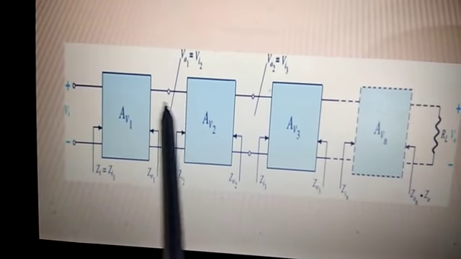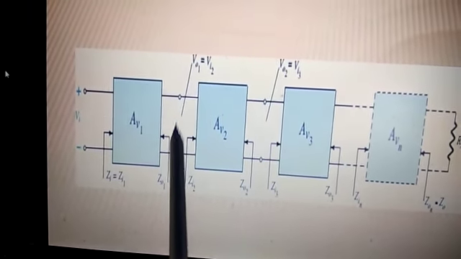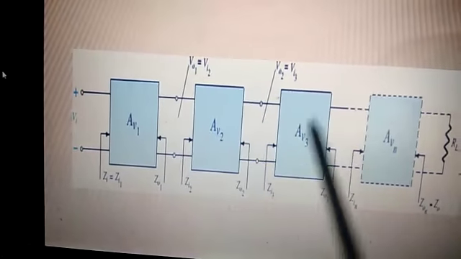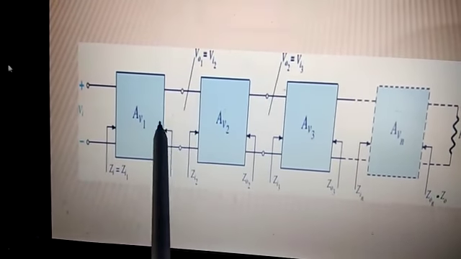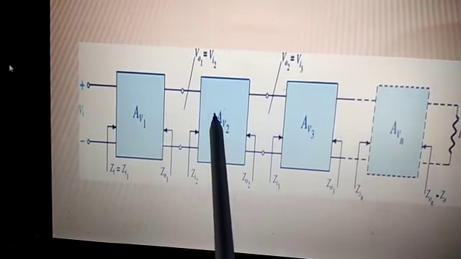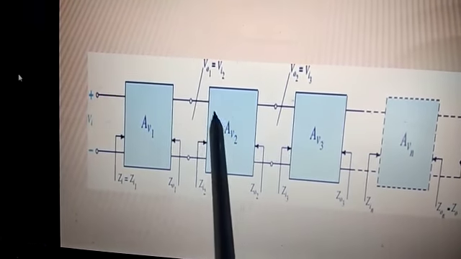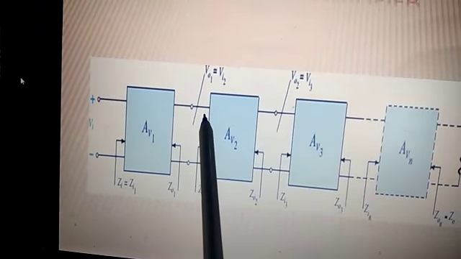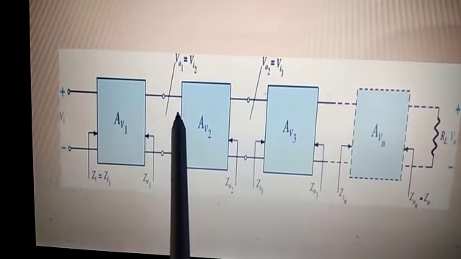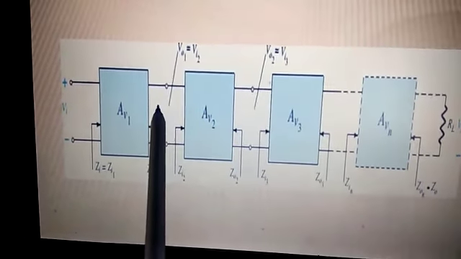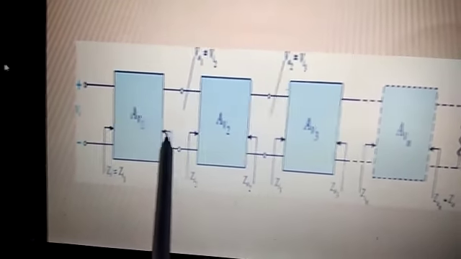Another thing is, between these two stages we need the coupling. Output of first stage will be input of the second stage. Between output and input, there is a coupling. Depending upon the situation where we use the cascade amplifier, we use the coupling circuit.